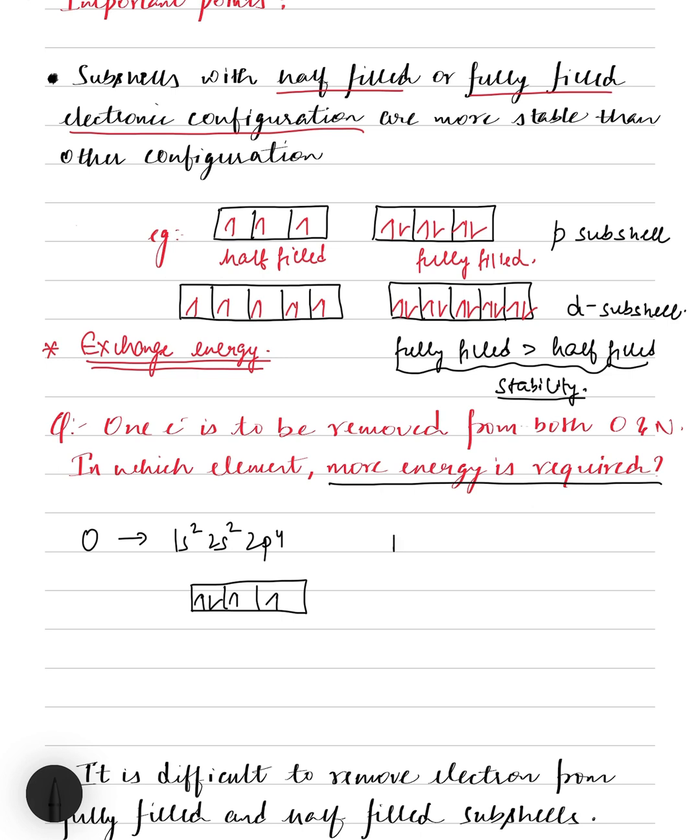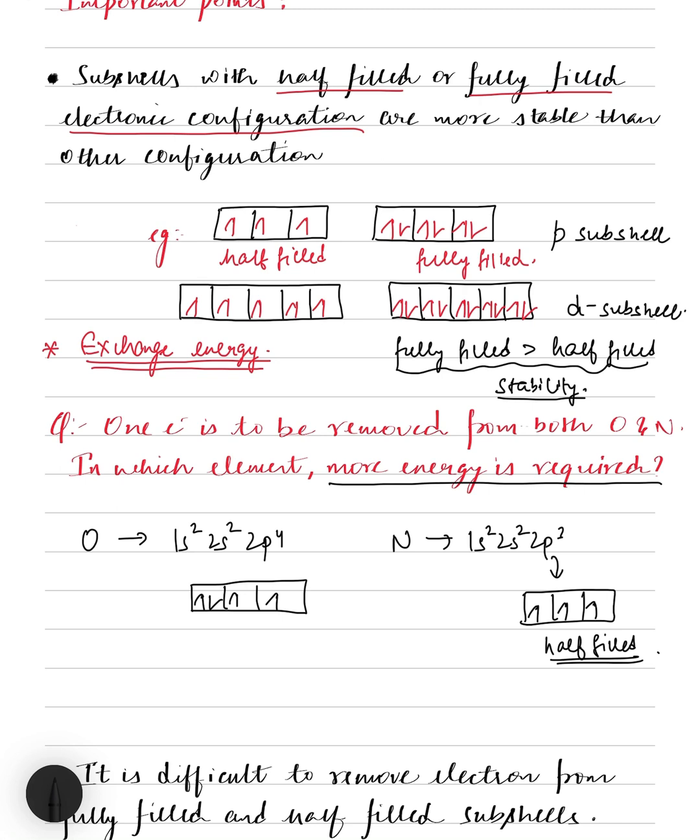And in the case of nitrogen, the configuration is 1s2, 2s2 and 2p3. You see that the outermost subshell is 2p3, and 2p3 is like this. If I draw the 2p3 subshell configuration, it is half-filled.